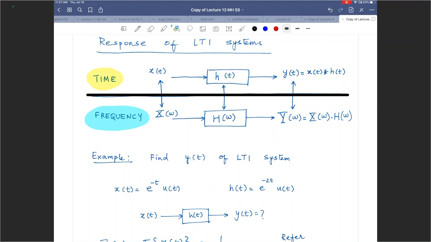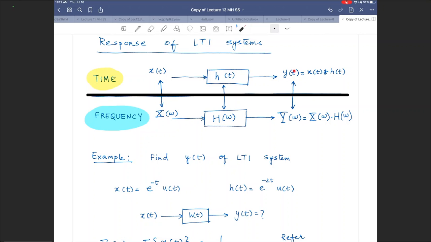And we have three signals essentially. We have the input indicated by x of t, whose Fourier transform we are writing as X of omega in the frequency domain. We have the impulse response of the linear time invariant system as h of t, whose Fourier transform we are writing as cap H of omega.